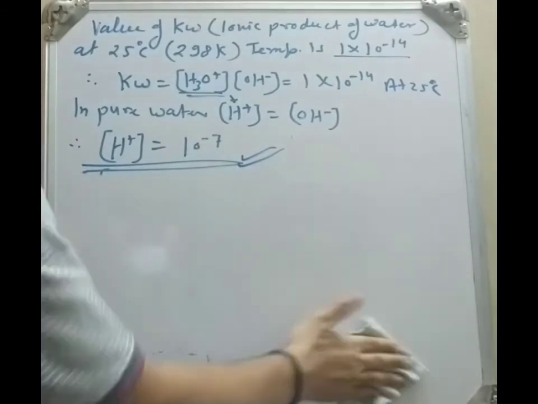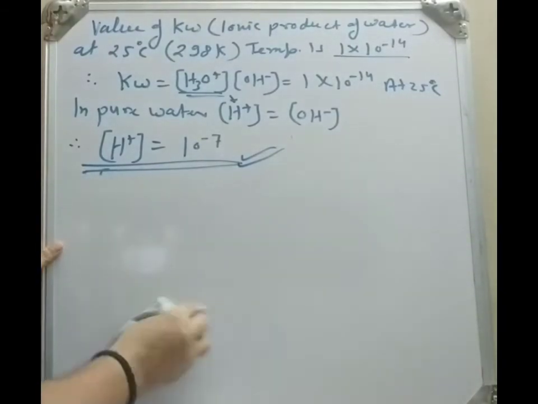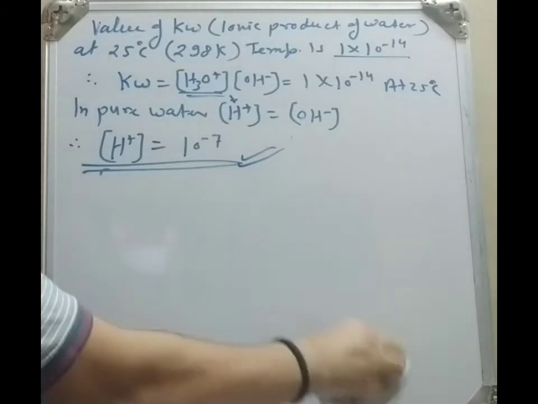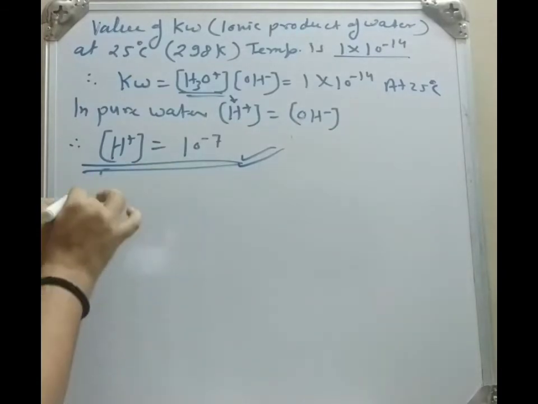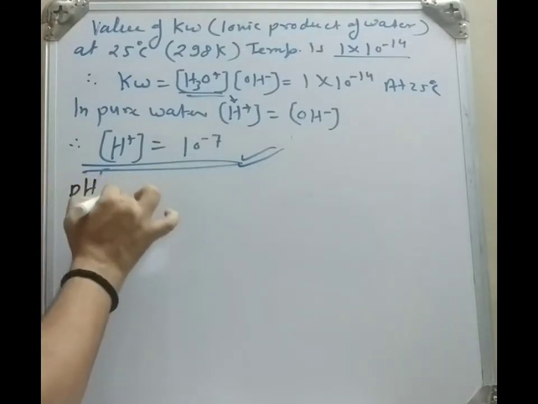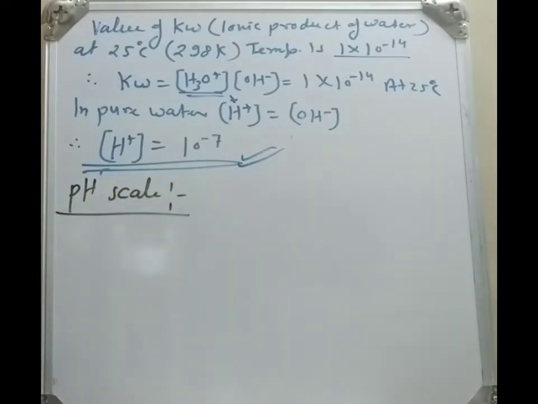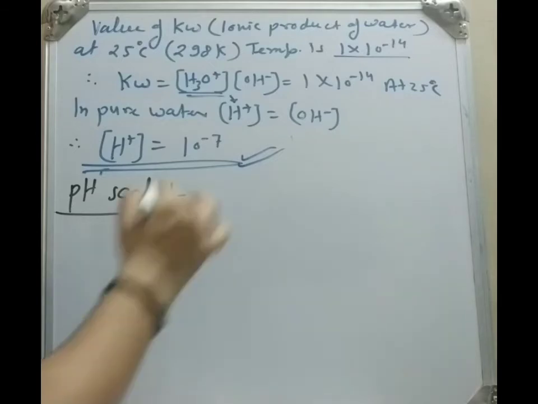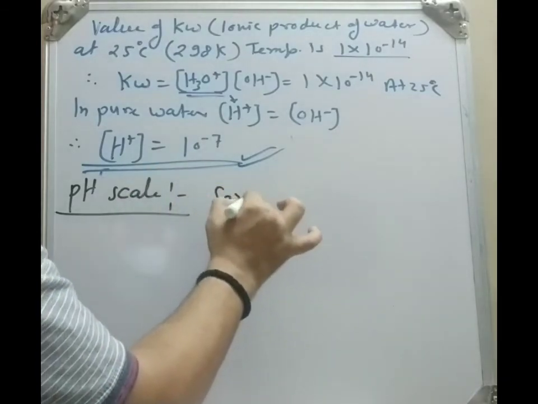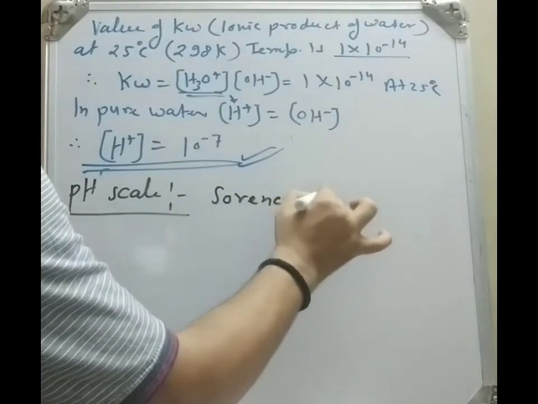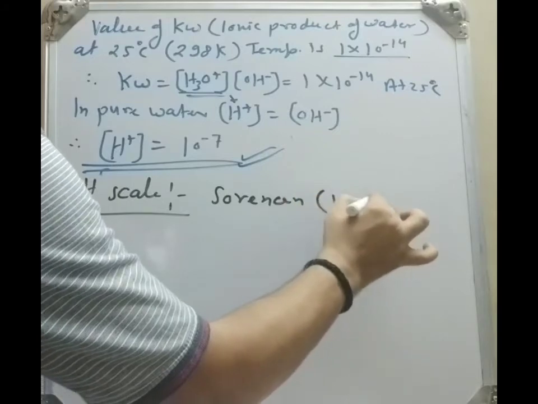So the next topic we discuss is the pH scale. Sorensen in 1909 defined pH.